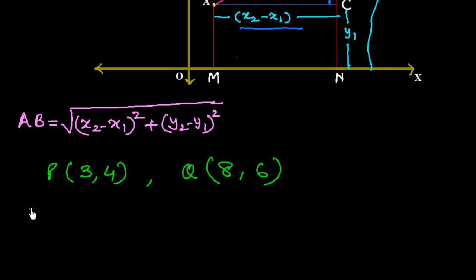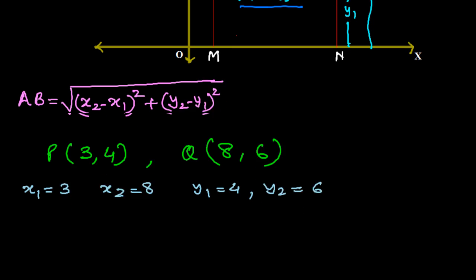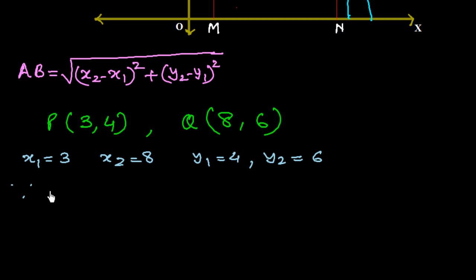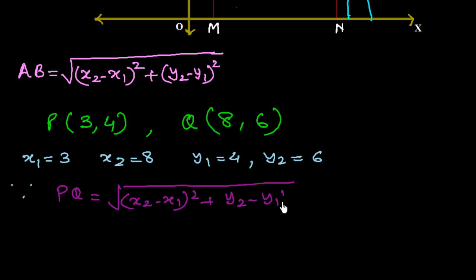Here we can write that x1 is 3, x2 is 8, y1 is 4, and y2 is 6. We know the formula: PQ is equal to square root of (x2 minus x1) whole square plus (y2 minus y1) whole square.